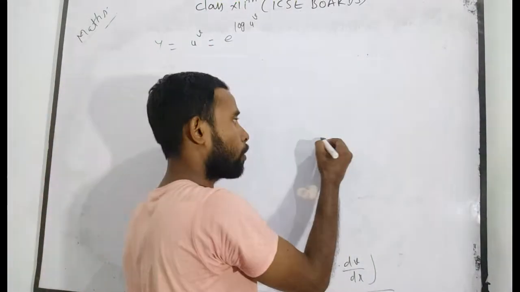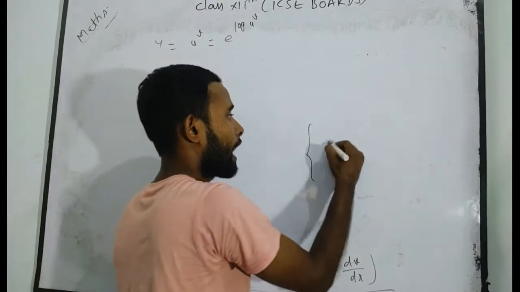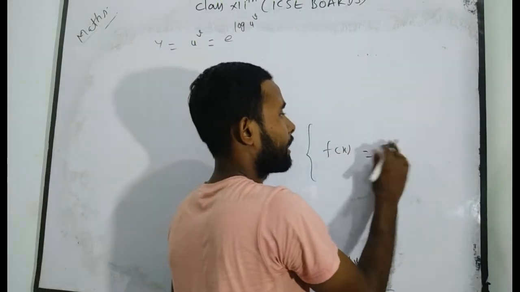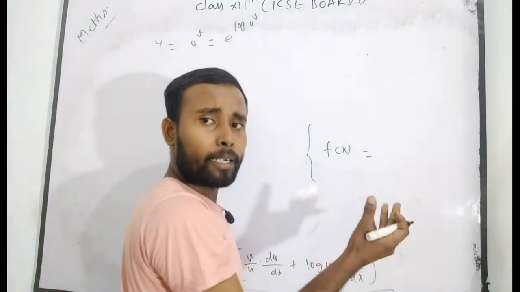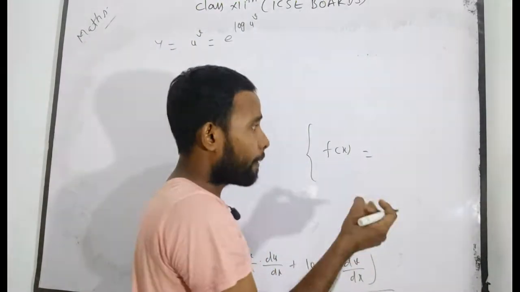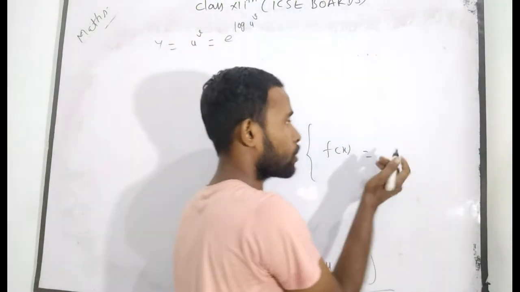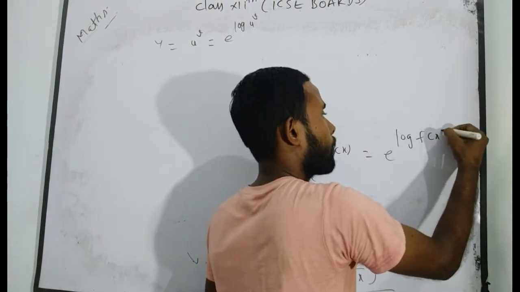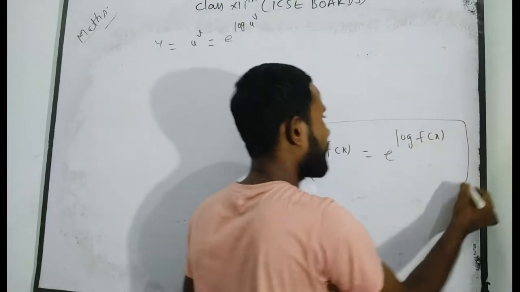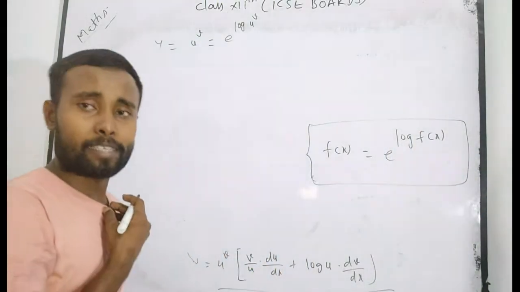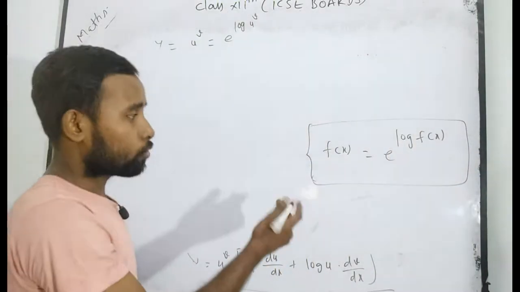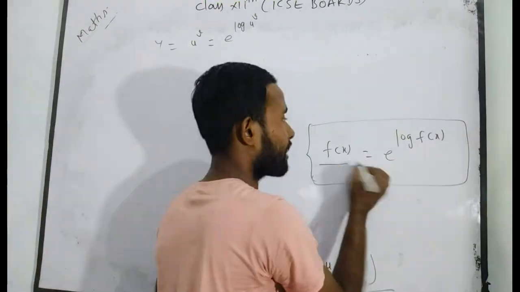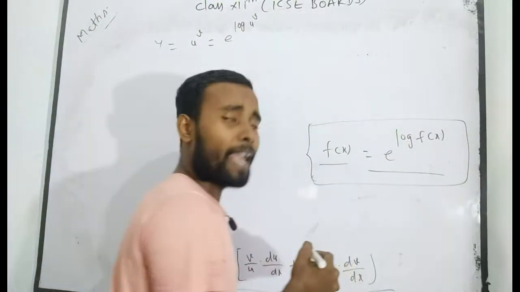Because there is a simple concept I have already told you. f(x) can be written, under a proper restriction, as f(x) is equal to e to the power log f(x). This is your proper restriction. Under proper restriction you can write f(x) is equal to e to the power log f(x).